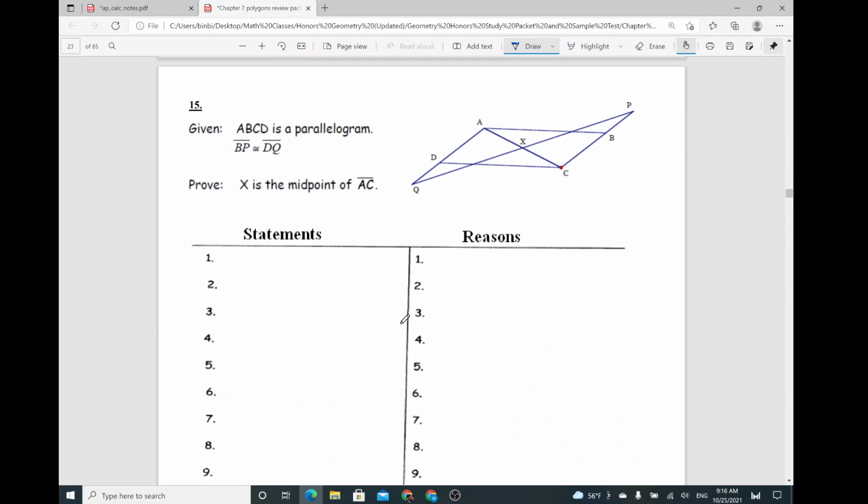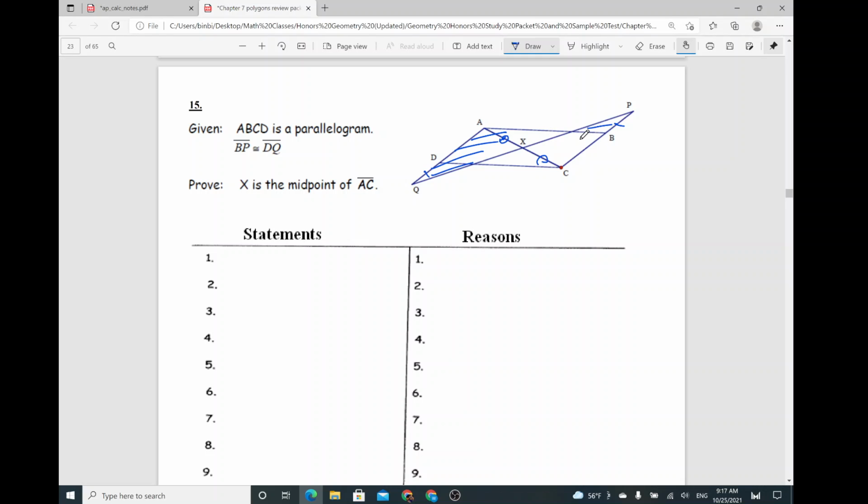And then here's another one. ABCD is a parallelogram, and BP is congruent to DQ. In order to prove that X is the midpoint of AC, we need to show that AX is congruent to CX. That means we need to prove these two triangles congruent here.